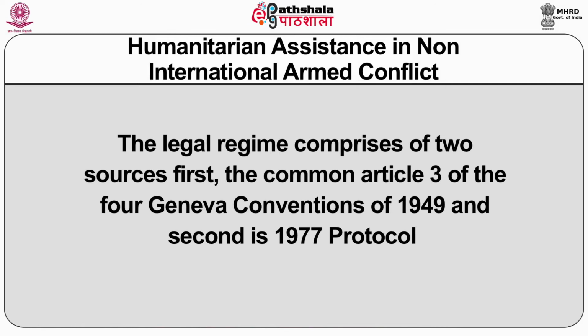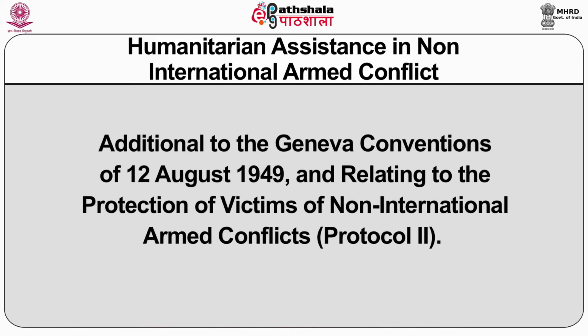First, Common Article 3 of the four Geneva Conventions of 1949, and second, the 1977 Protocol Additional to the Geneva Conventions of 12 August 1949 and relating to the protection of victims of non-international armed conflicts, Protocol 2. According to Common Article 3, an impartial humanitarian body such as the International Committee of the Red Cross may offer its services to the parties to the conflict.